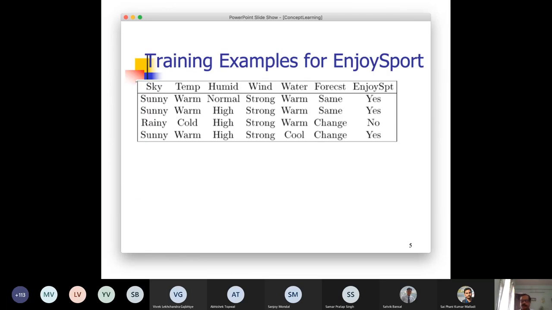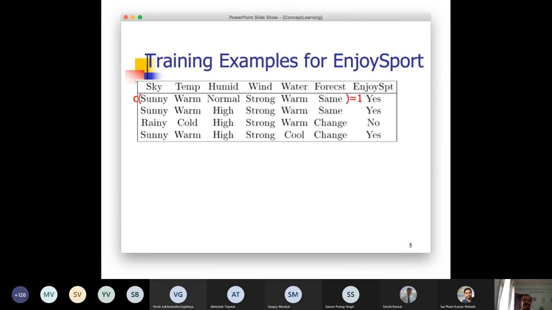Some training examples are listed here, and this example is taken from Mitchell's book itself. You see that there are only four such combinations provided to you as examples. We have four training examples, and in each column, each column is represented by an attribute, and the last column gives you the functional value of that Boolean function, either yes or no. That means whether you are enjoying sports on that day or not.